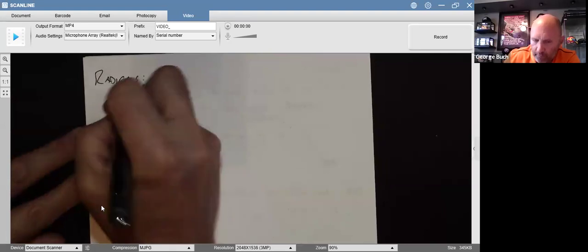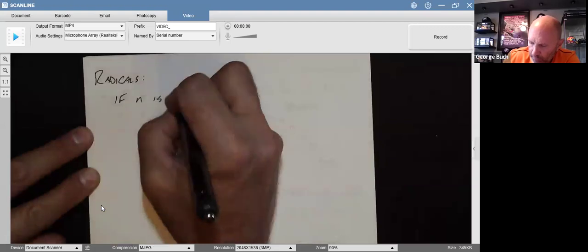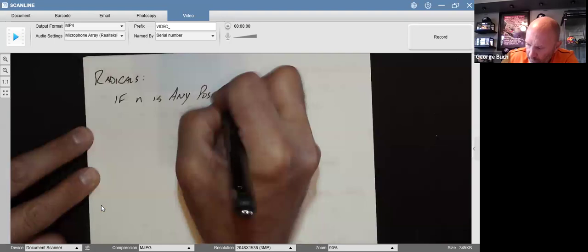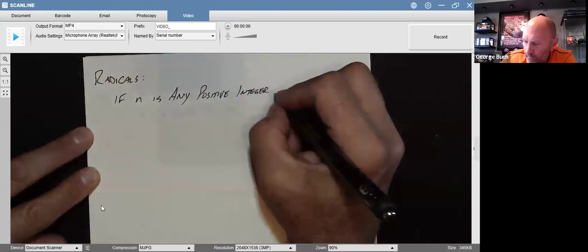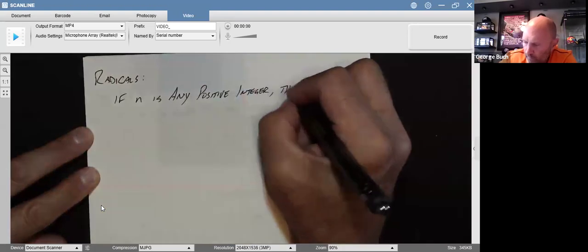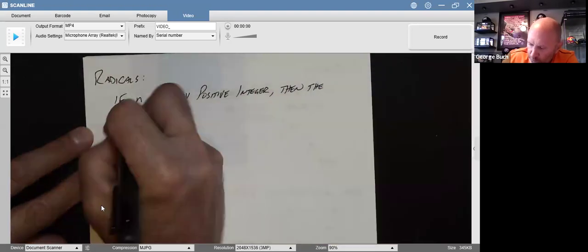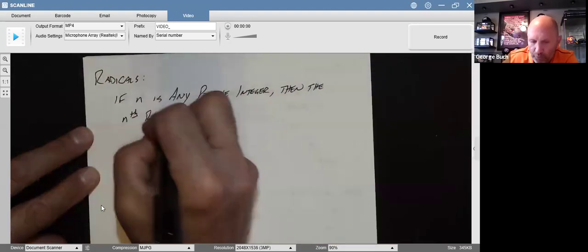So if n is any positive integer, then the nth root, so before we were talking about powers, now we're talking about roots.